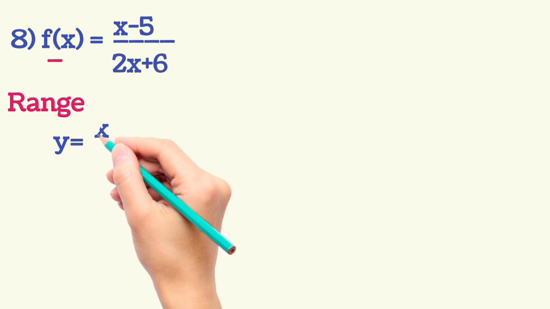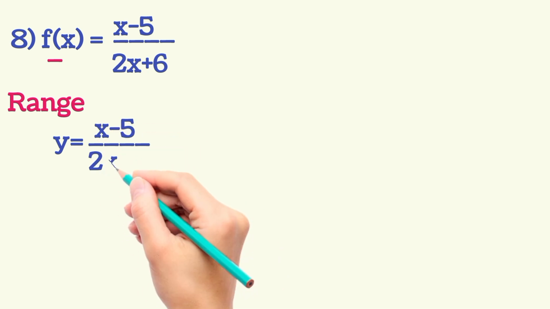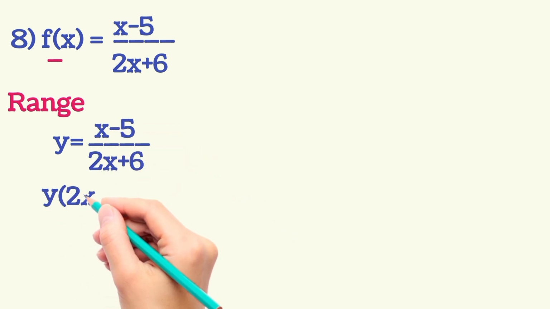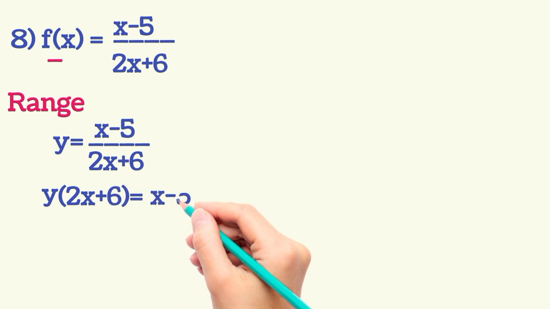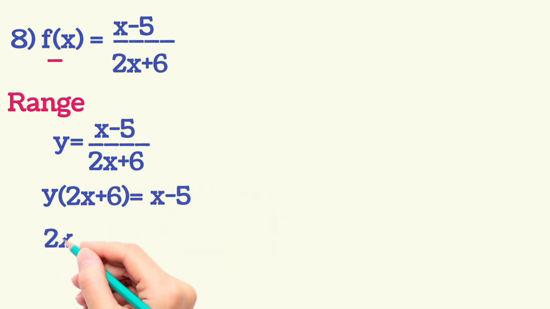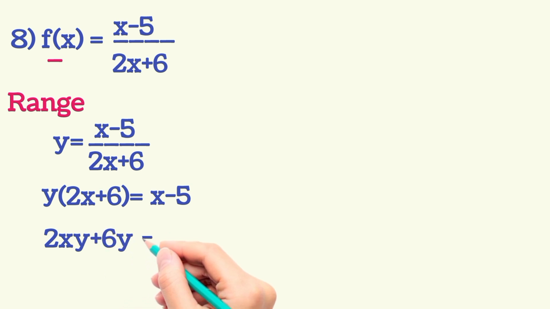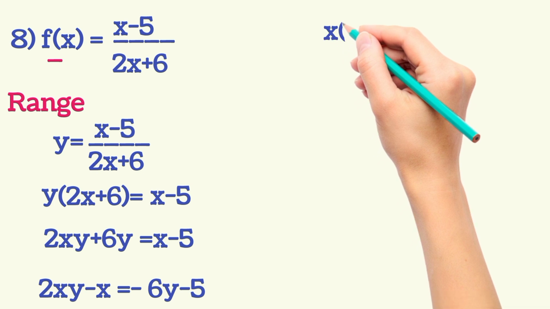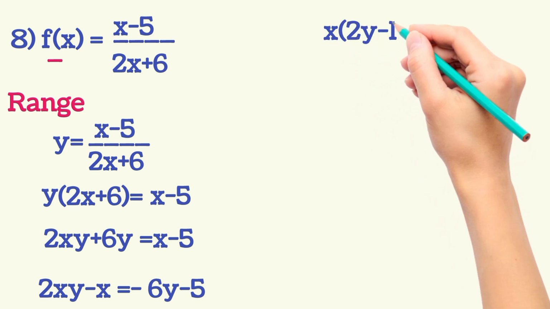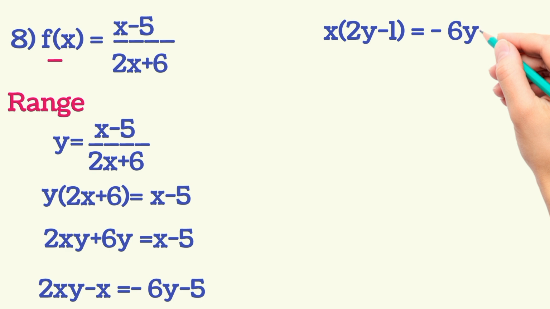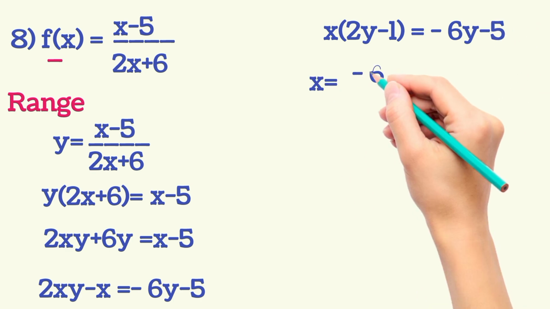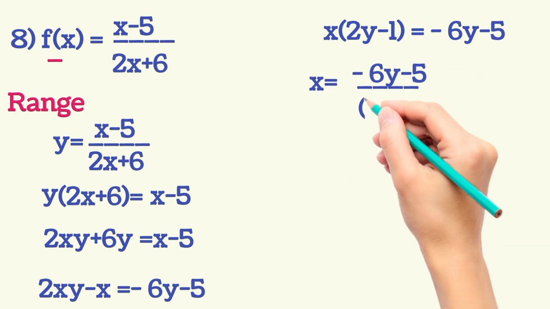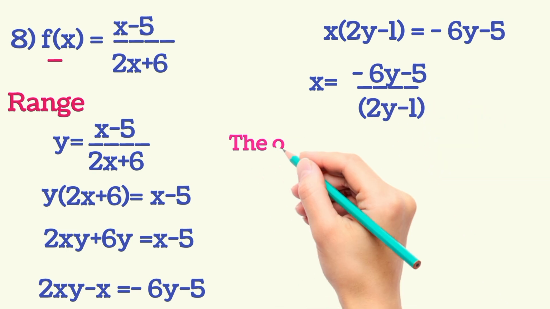So y = (x - 5) divided by (2x + 6), which will give y(2x + 6) = x - 5, or 2xy + 6y = x - 5, or 2xy - x = -6y - 5, which will give x(2y - 1) = -6y - 5, or x = (-6y - 5) divided by (2y - 1).